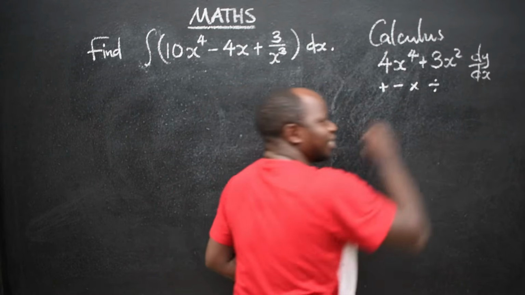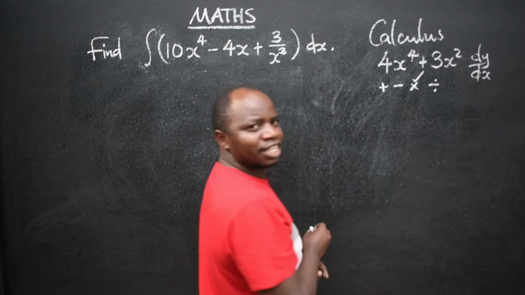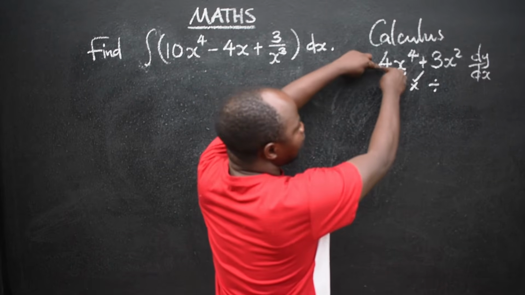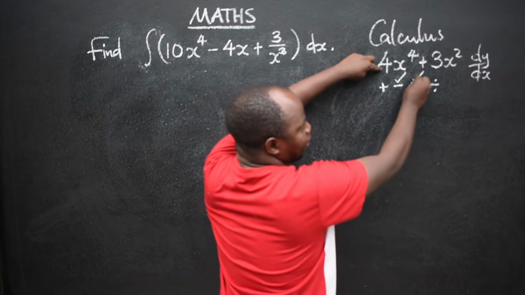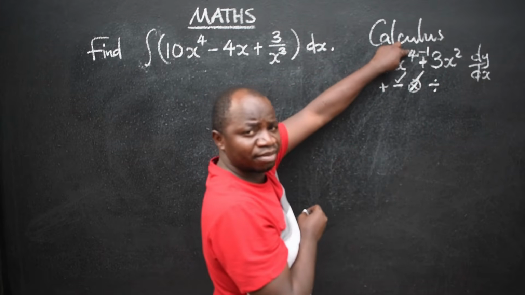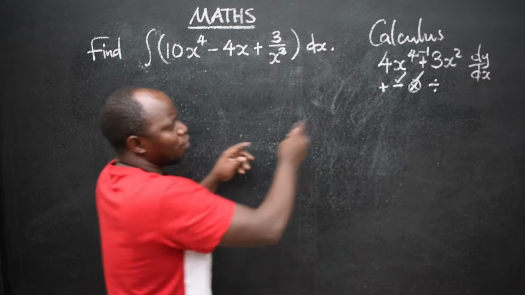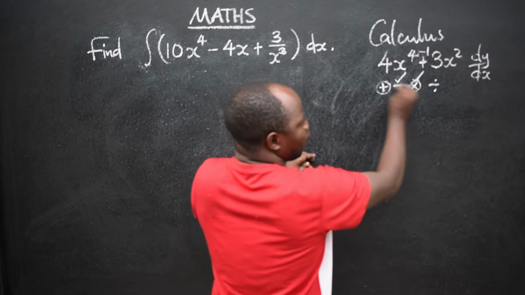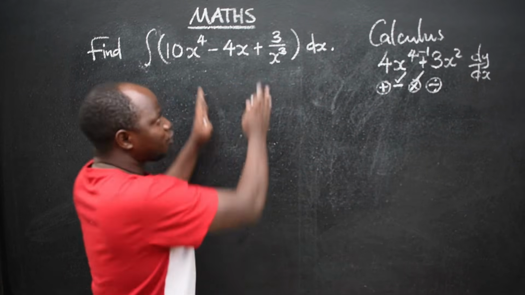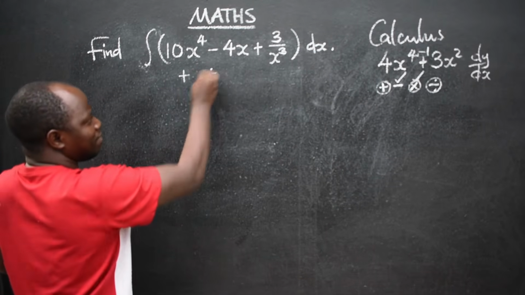When you are differentiating, we use multiplication and subtraction, because you'll say 4 times 4, that is multiplication, then this power subtract 1, that is subtraction. Integral calculus uses the remaining two, which is addition and division.